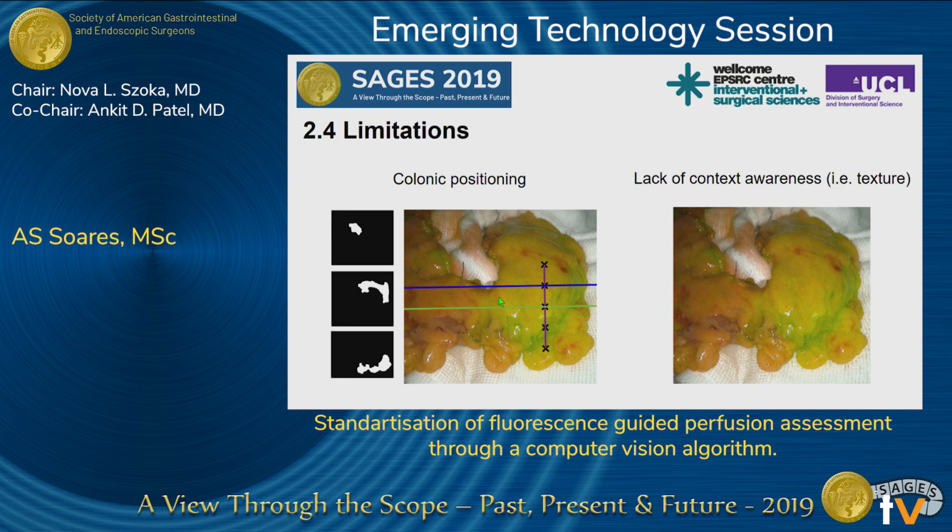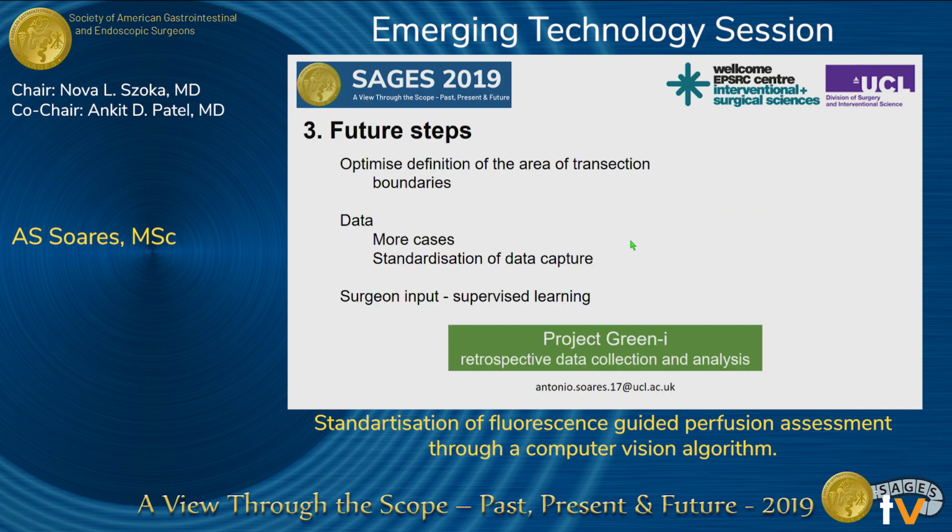So this is something that we need to work on. And also the fact that there's no context awareness. The fact that this is a swab and not colon needs to be taken into account, and the algorithm needs to recognize different textures and integrate that into the decision-making process. This is, again, something that we are currently working on.